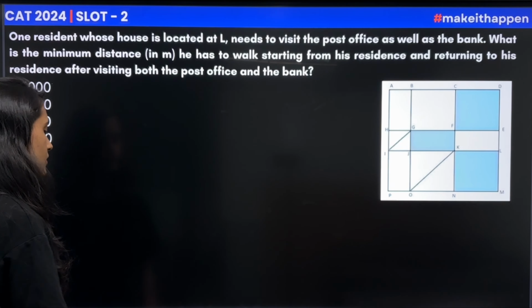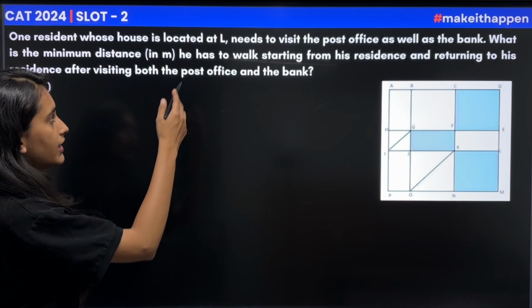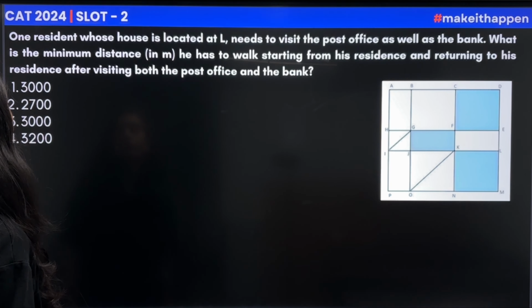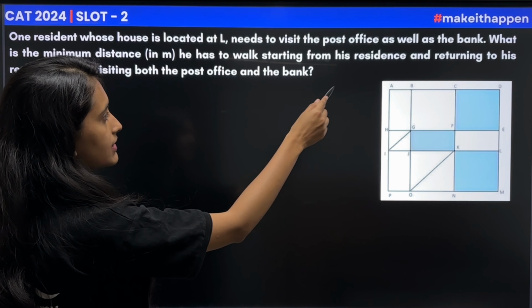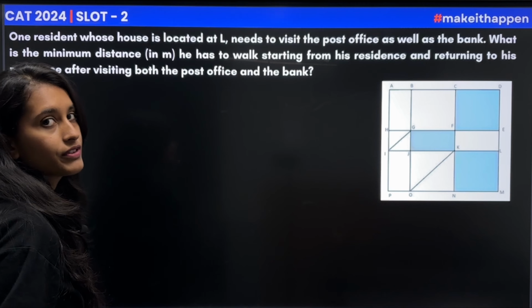Now let's see what the first question says. One resident whose house is located at L needs to visit the post office as well as the bank. What is the minimum distance he has to walk starting from his residence and returning to his residence after visiting both the post office and the bank?